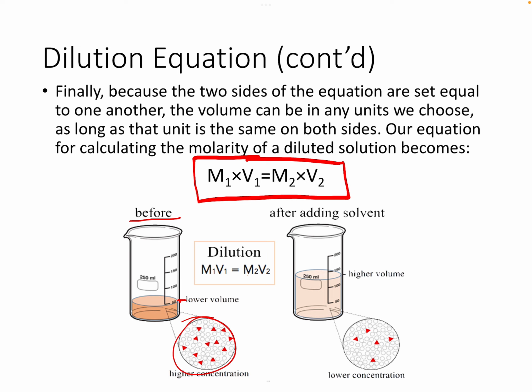So now we have about 125 milliliters of solution. We still have the same number of moles, but they're going to be more spread out because we've added more liquid. So the concentration is going to decrease because we have the same number of moles of solute, just a much higher volume in the denominator.